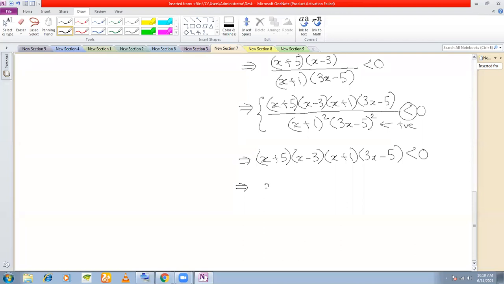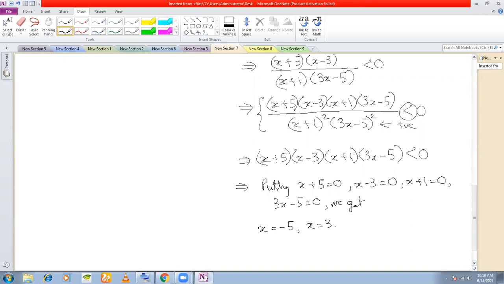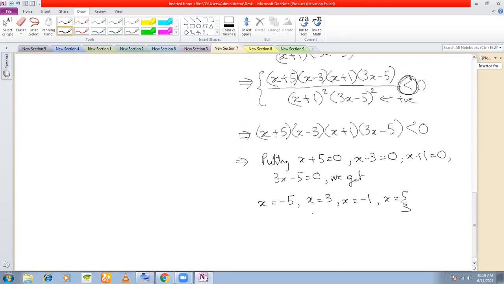That means what are the values of x we are getting? Putting x plus 5 equal to 0, x minus 3 equal to 0, x plus 1 equal to 0, 3x minus 5 equal to 0, we get x equal to minus 5, x equal to 3, x equal to minus 1, and x equal to 5 by 3. And what is the sign here? Less than. So first we'll take the negative values.